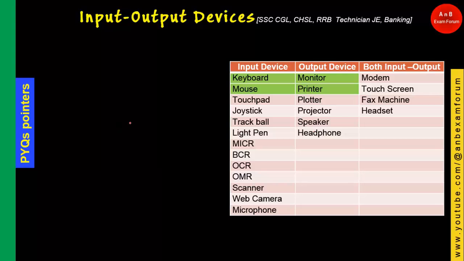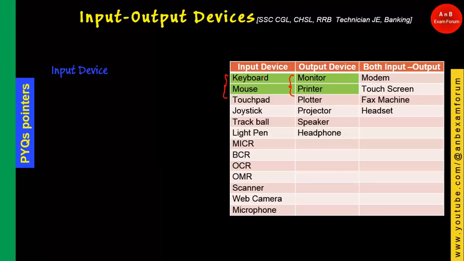Among input devices, two are very commonly asked in the exam: keyboard and mouse. And among output devices, you will have questions on monitor and printer. Generally, these devices are very important from the exam point of view.